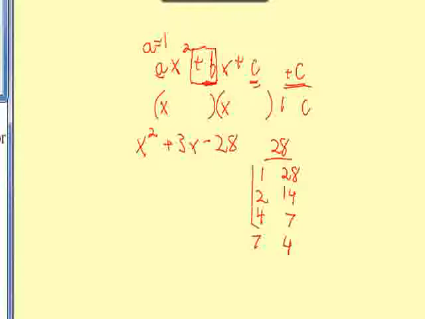So here are all the factors of 28: 1, 28, 2, 14, and 4 and 7.